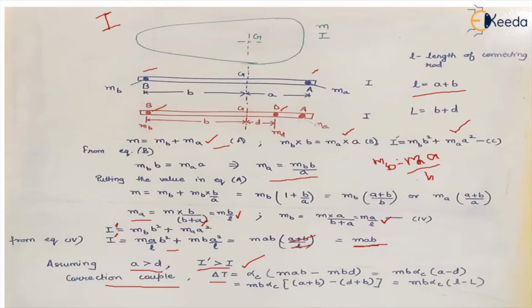So the correction torque is given by alpha C into delta I. The difference in the moment of inertia is MAB minus MBD, which becomes, MB is common, MB alpha C into A minus D. If we add and subtract B in this equation, it won't make any difference. So it becomes MB alpha C into A plus B minus B plus D, which is MB alpha C into L, the length of connecting rod, minus capital L, which is the equivalent length.